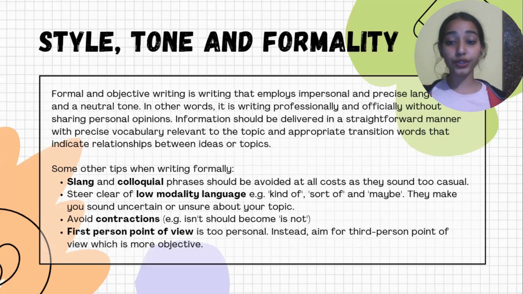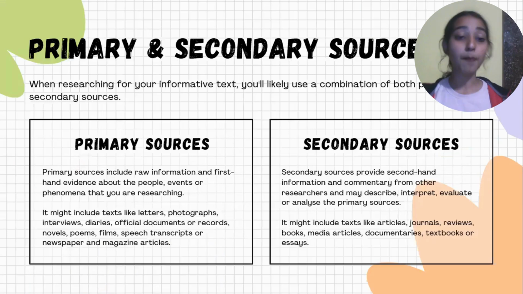And you should not use first person point of view, because this is too personal. Instead, aim for third person point of view, because this is more objective. So these are the tips that you should know and use to improve your style, tone, and formality.